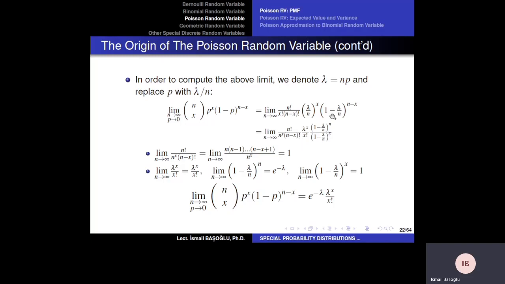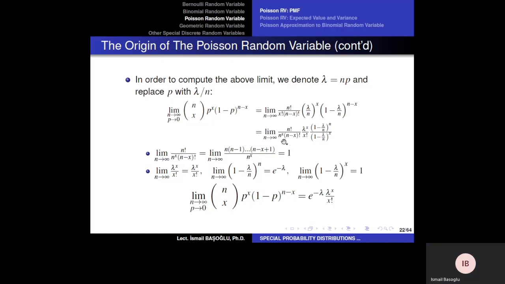And here we have 1 minus lambda over n to the power n minus x. Because n and x are both integer values, we can simply write 1 minus lambda over n to the power n and 1 minus lambda over n to the power x. Actually, n and x do not need to be integer values, but in our case, they are. If we have a subtraction in the power, we can write 1 minus lambda over n to the power n divided by 1 minus lambda over n to the power x.